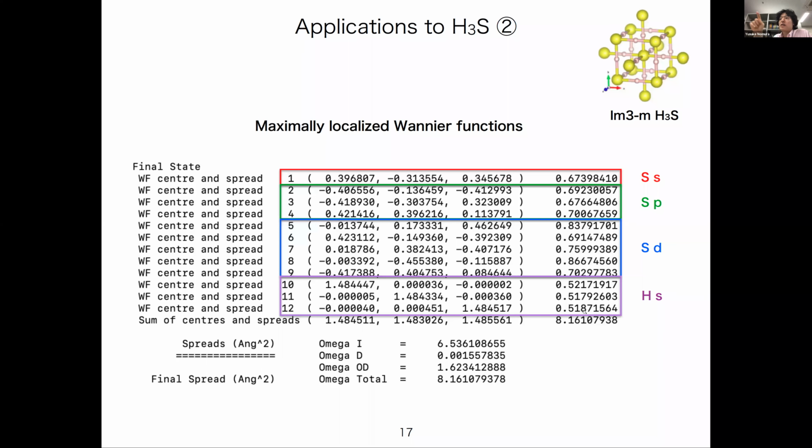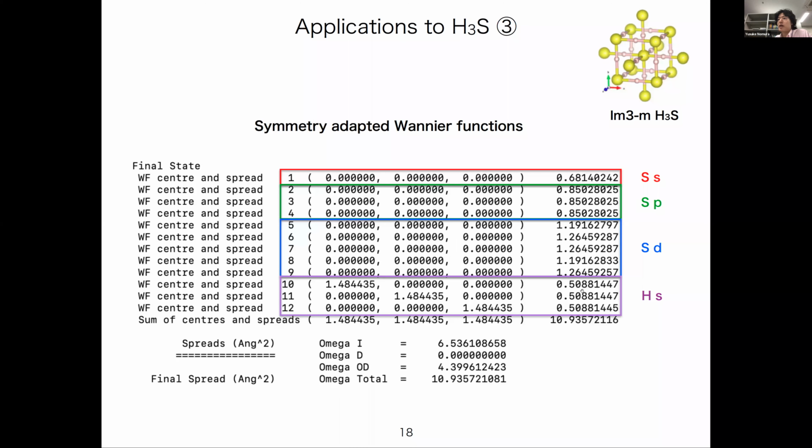But if we look at the individual orbital, like hydrogen s orbital, then in this case the spread is 0.52, but in this symmetry-adapted mode, it is 0.50. So if we look at the individual spread, symmetry-adapted mode might give the smaller spread, but the total spread should be always larger.